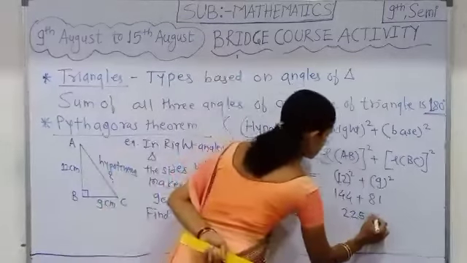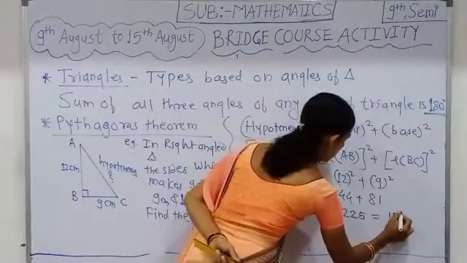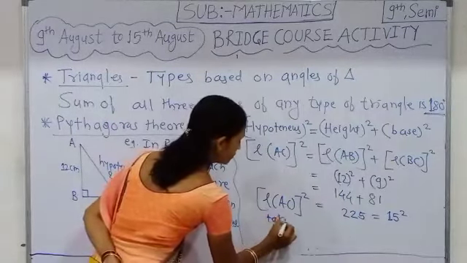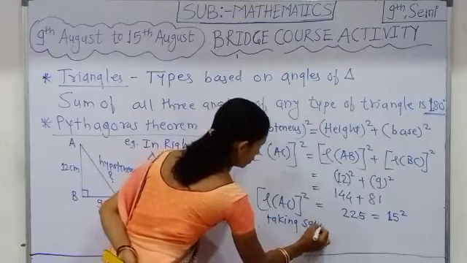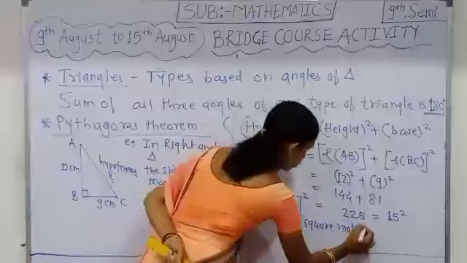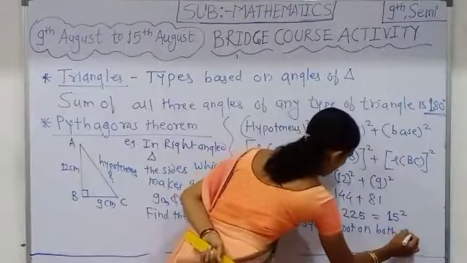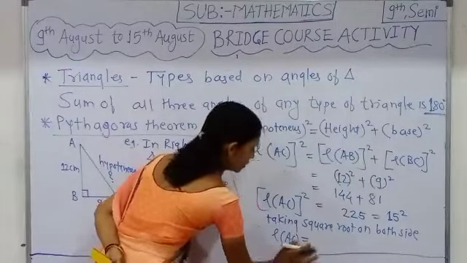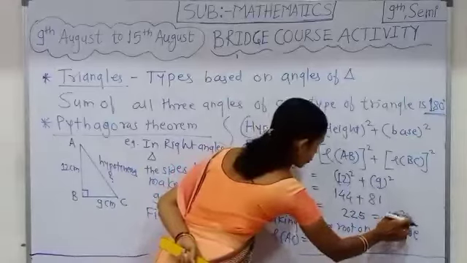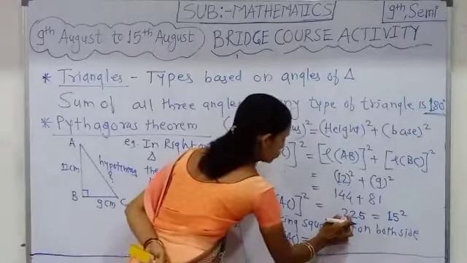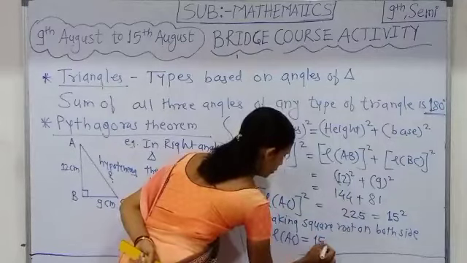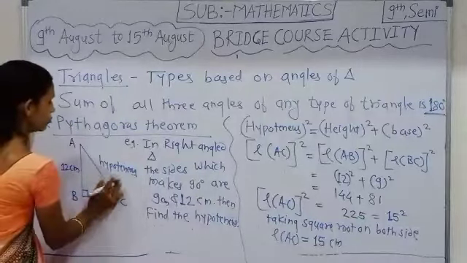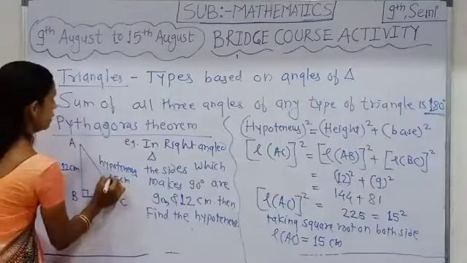But 225 is 15 square. Therefore, taking square root on both sides, the length of AC is the square root of 15 square, or the square root of 225, which is 15. Therefore, here the hypotenuse is 15 centimeter.